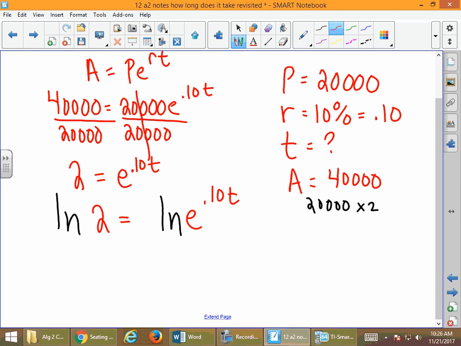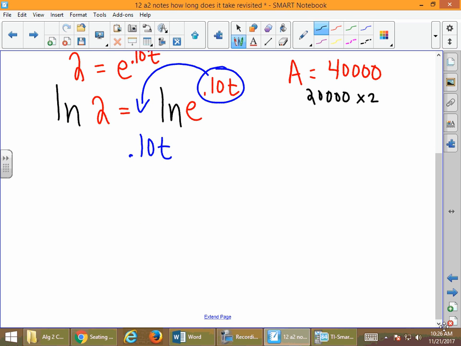And that says that we can rewrite that 0.10t, our exponent, as a coefficient. So we still have the natural log of 2, and we've got the natural log of e.